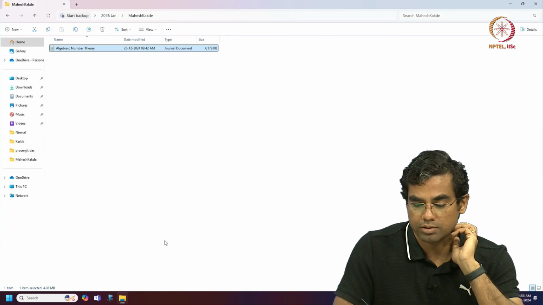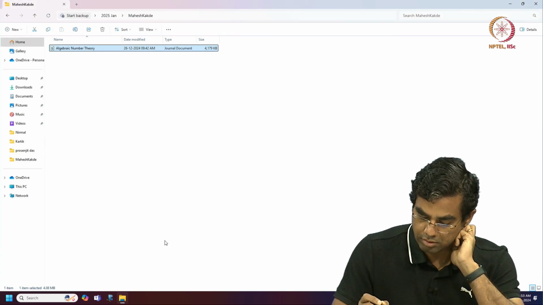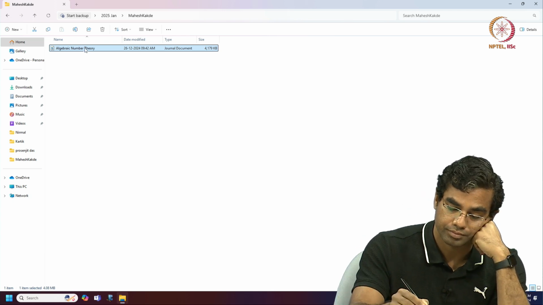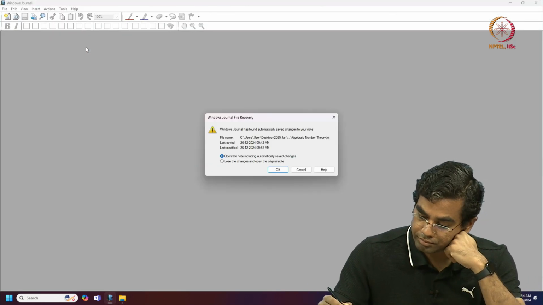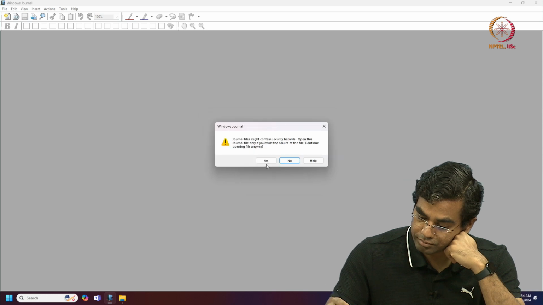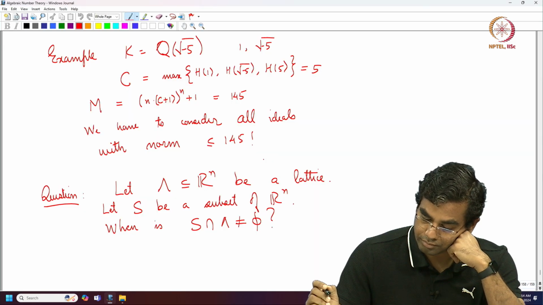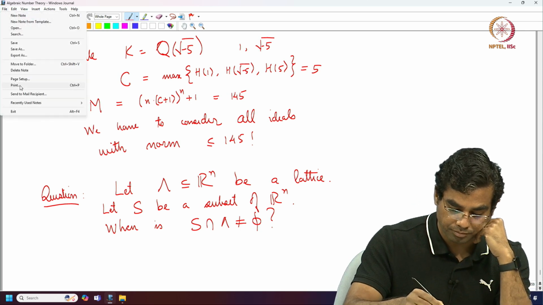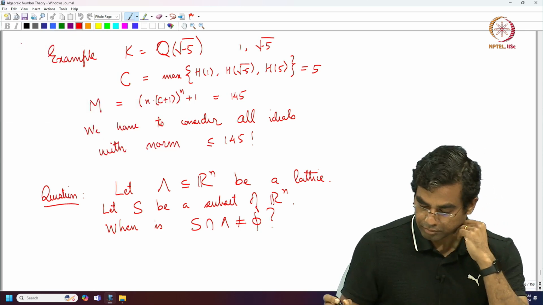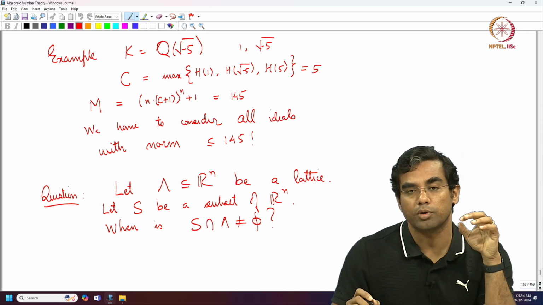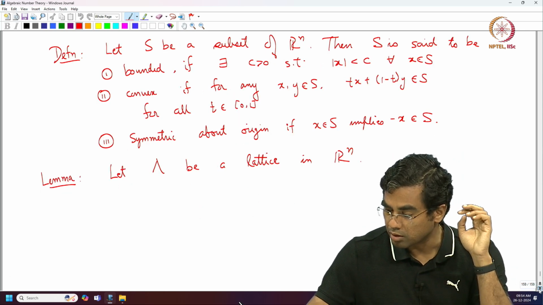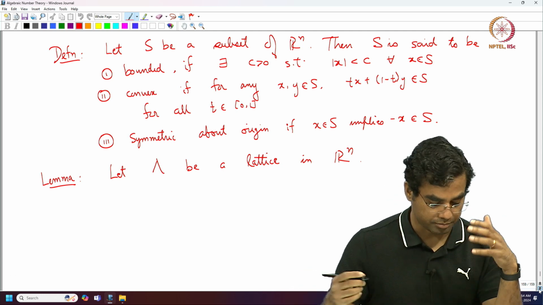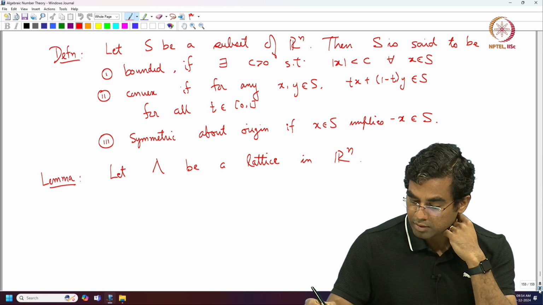Okay. So, you can of course imagine that S has all these properties of being closed, bounded, etc., without actually containing any point of lambda.